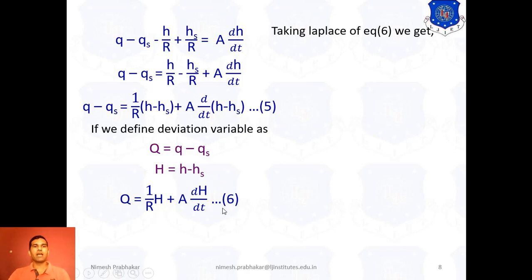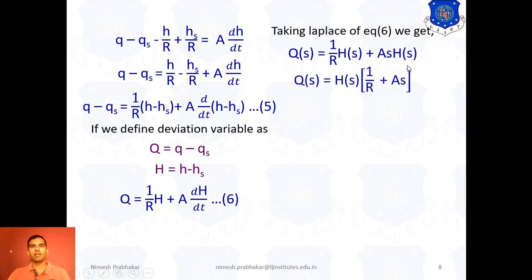Now taking the Laplace transform of this equation, we get Q(s) is equal to 1 upon R times H(s) plus A times s times H(s). Taking H(s) common on the right hand side, we can write Q(s) is equal to H(s) into bracket 1 by R plus A s.